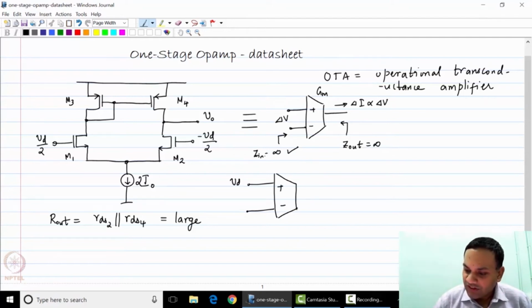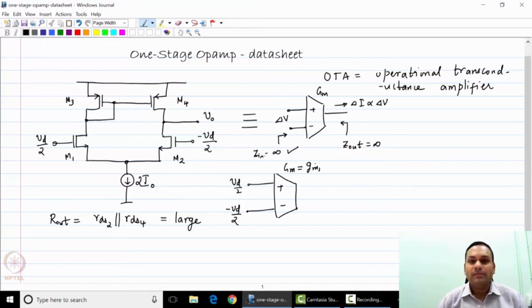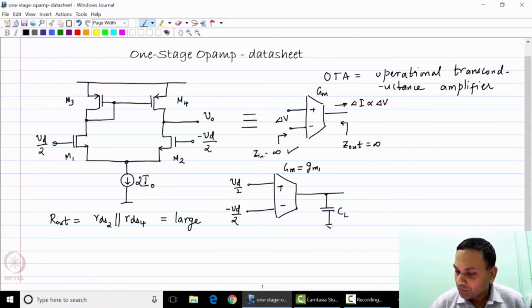So this is the positive input and this is the negative input, and it turns out that the transconductance of the op-amp is small gm1, in other words the gm of M1 and M2, and if it were driving a capacitive load at the output, it would also have its own output resistance that can be represented by R out.